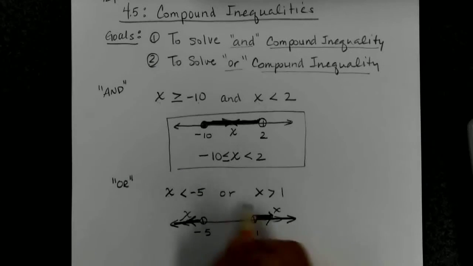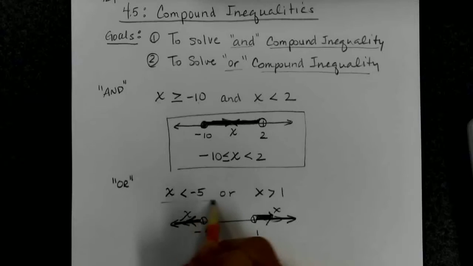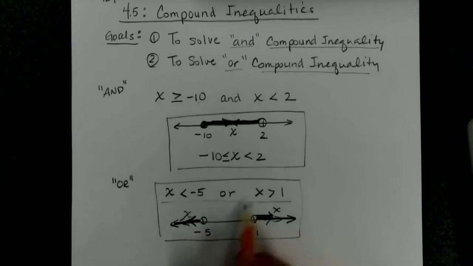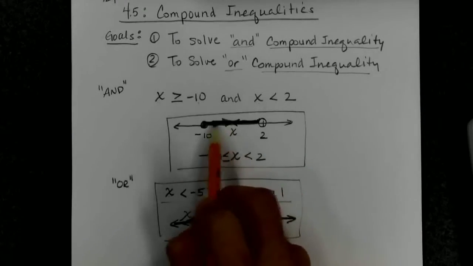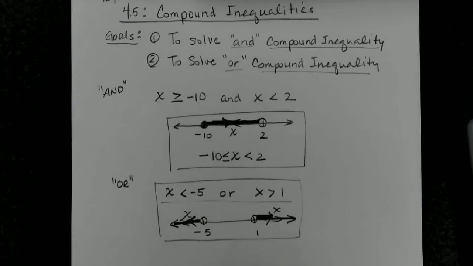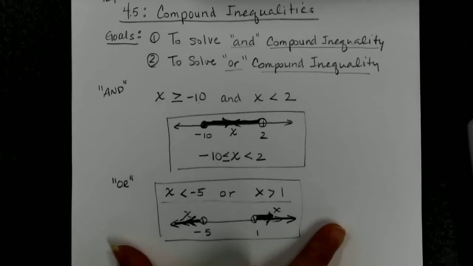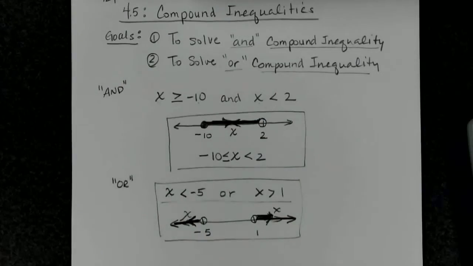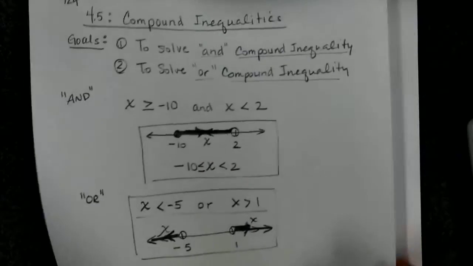To write this, you just write it as it is given. You will always use the word "or" in the "or" compound inequality, and this will be the graph. If you notice, the arrows point away from each other, in opposite directions, while in the "and" graph they point toward each other, so they share the same shaded area.